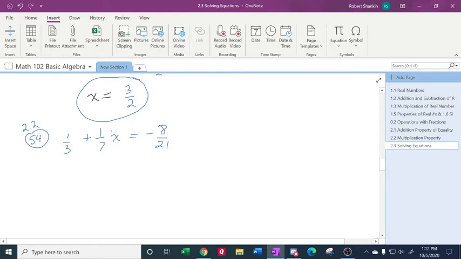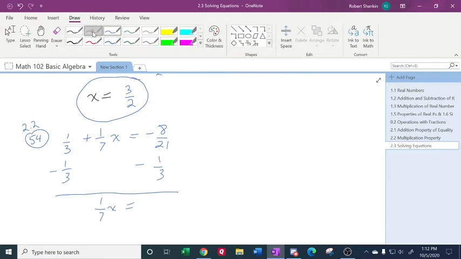My objective is to get x all alone. Move this term that doesn't contain x to the other side. 1/7 x equals, and then I'm going to have these two things to add together. I'm going to do it right here.